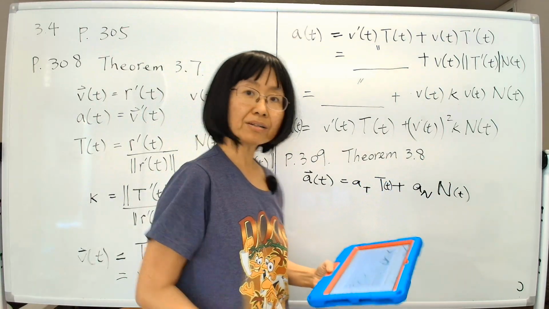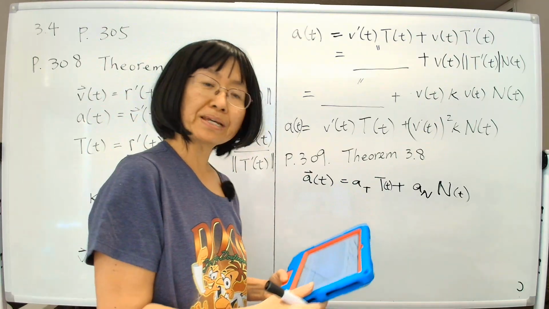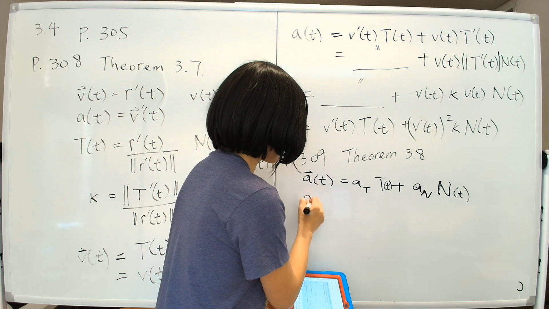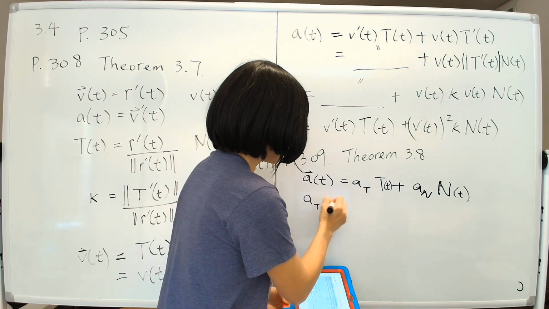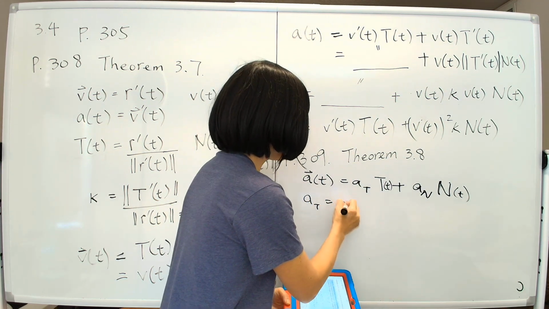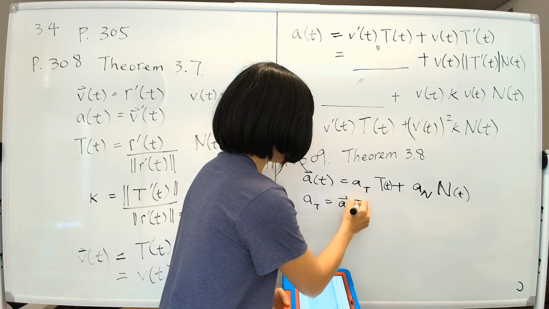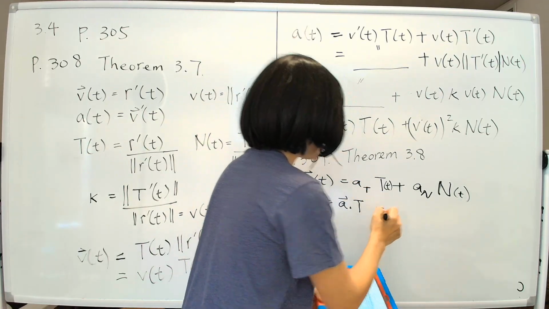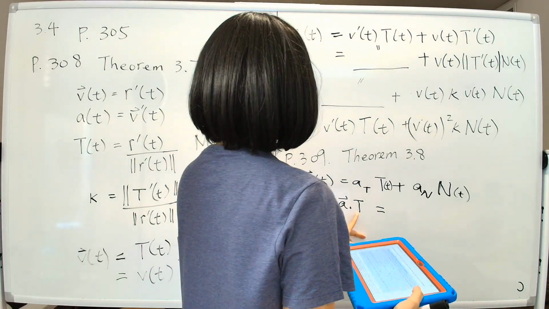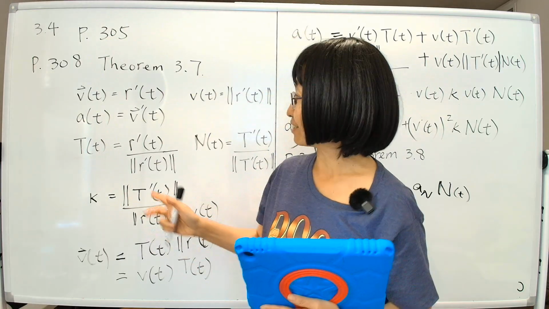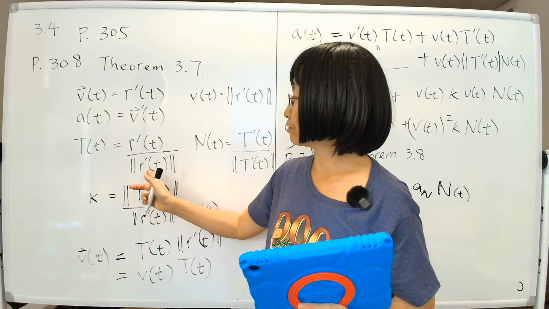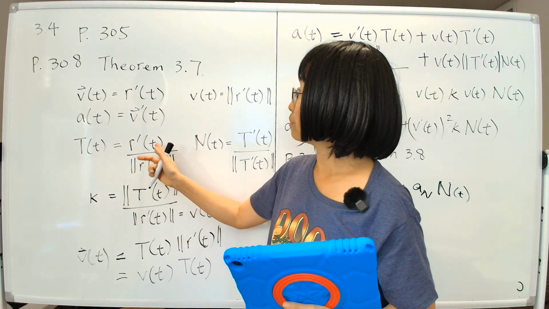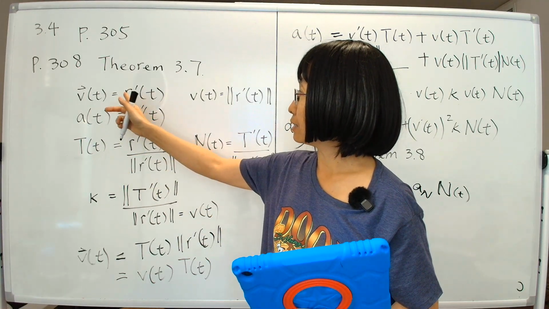Now another way of calculating this, which sometimes might make it easier, is that a_T, this one, that's not a vector, is calculated as the vector A dot T. I'm talking about the dot product. How would you do that? We remember what T was: T is r prime over its magnitude, and r prime is v.